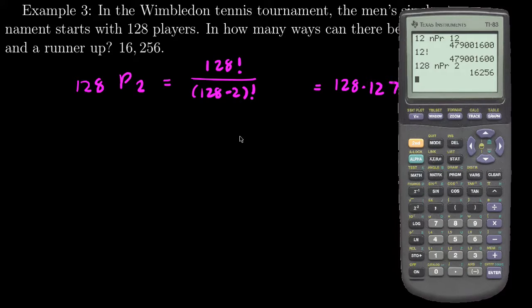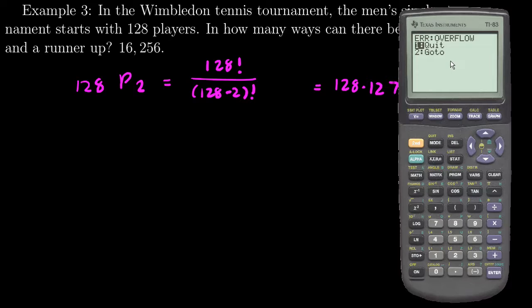However, let me type this in and see if something goes wrong. I think it should, because this should be a large enough number. And I'll explain what's happened there. It's 128 factorial divided by 126 factorial. Yeah. So what happened here, error overflow.